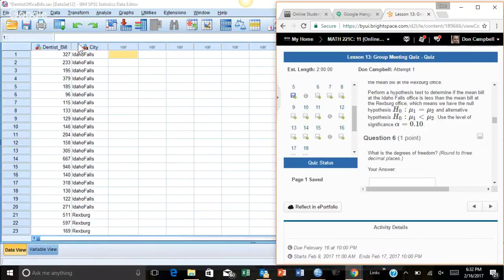Okay, so this is the data. We want to perform a hypothesis test to determine if the average bill size in the Rexburg office is less than, no, if the bill in the Idaho Falls office is less than the Rexburg office.